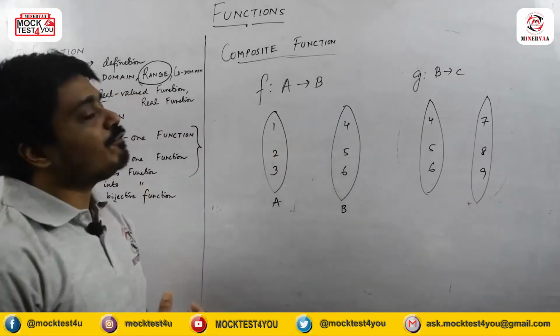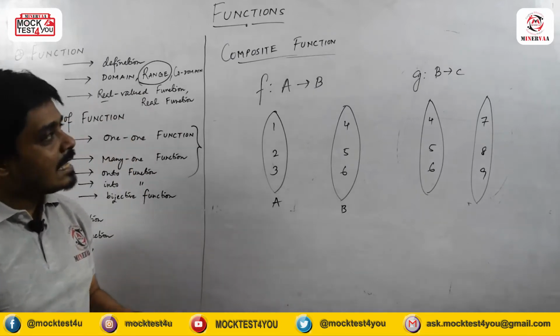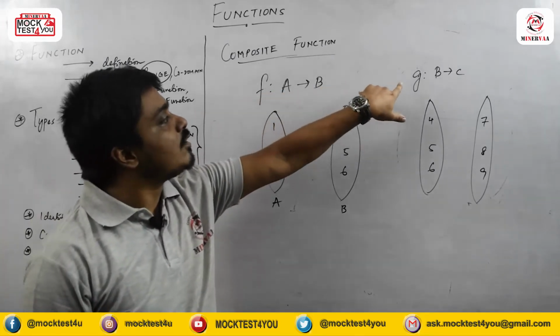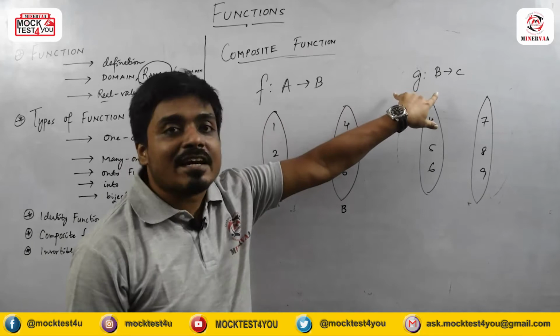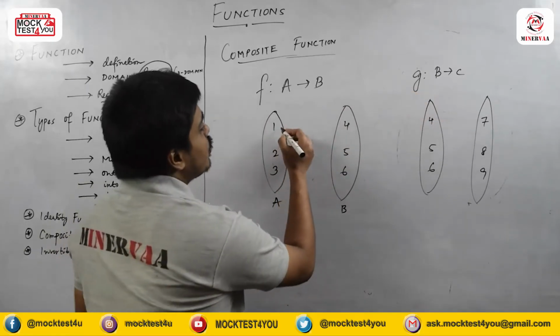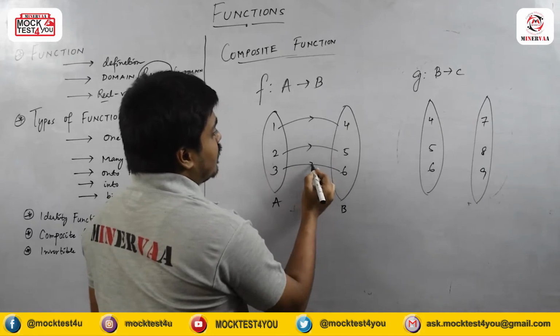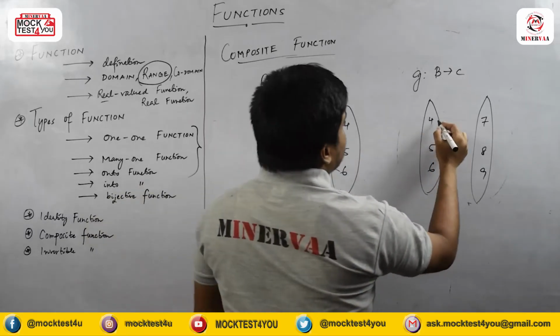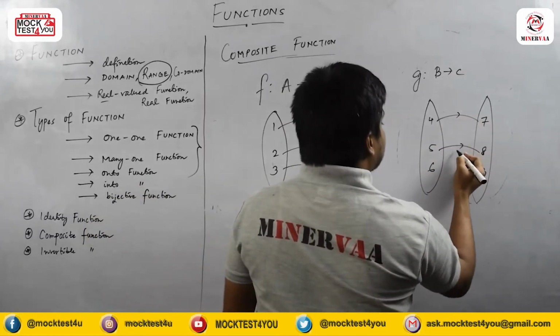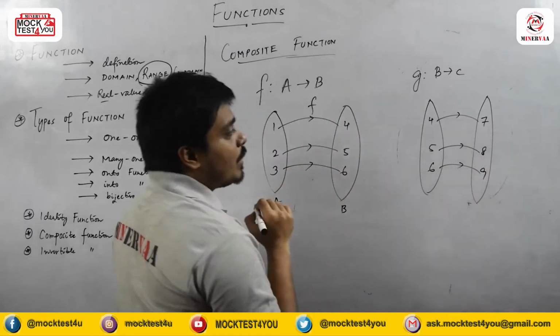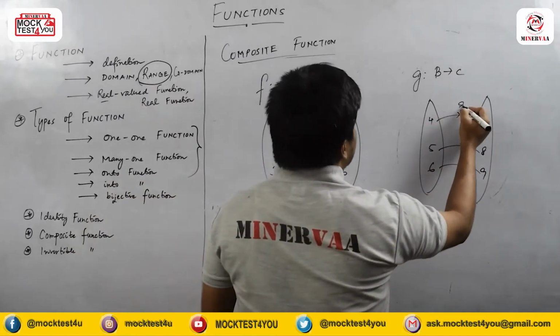So composite function is the composite of these two functions, f(x) and g(x). Let me do the mapping also, because how can I finish the function without doing the mapping? That's the most important thing. This is what we have. This is the f function and this is the g function.